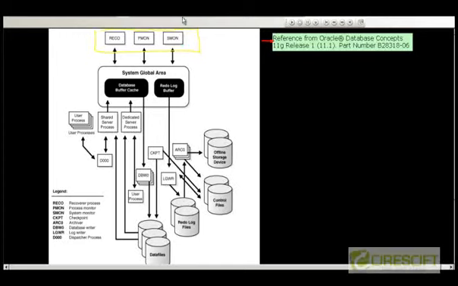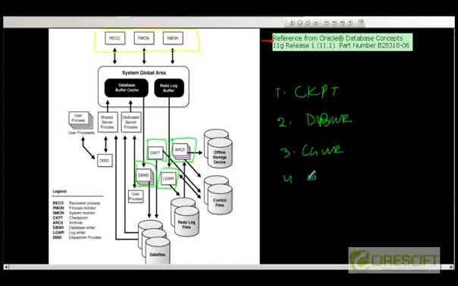In this set of videos, we are going to discuss checkpoint, log writer, database writer, and then the archive log file. So first is checkpoint, second one is DB writer, third one is log writer, fourth one is archiver.